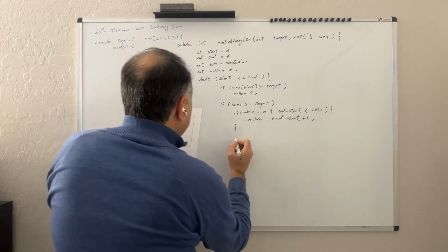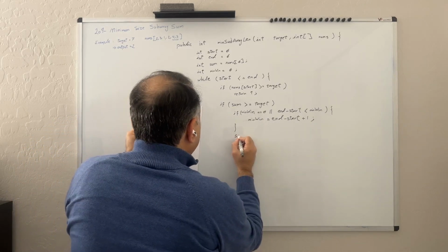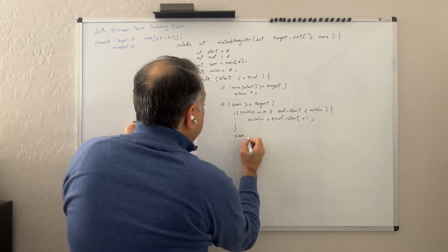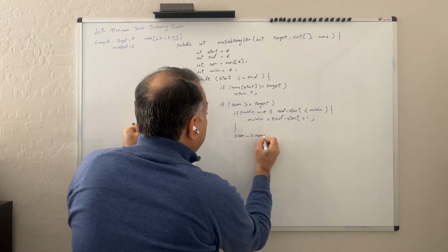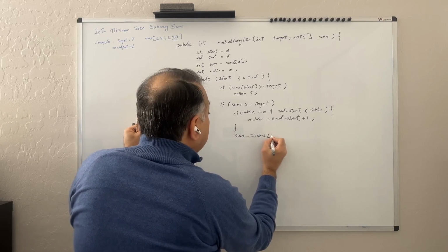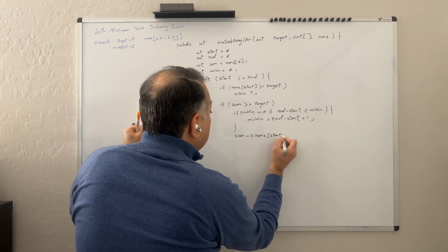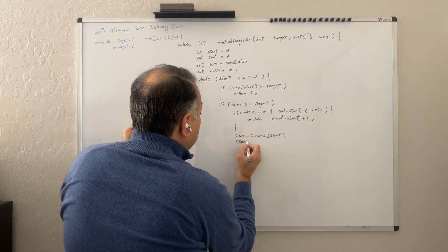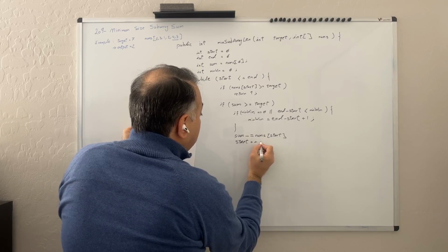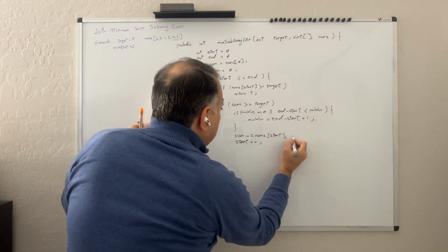So I need to just calculate the sum again by reducing the value of the numbers that I currently have in the start. Then move the start one step to the right.